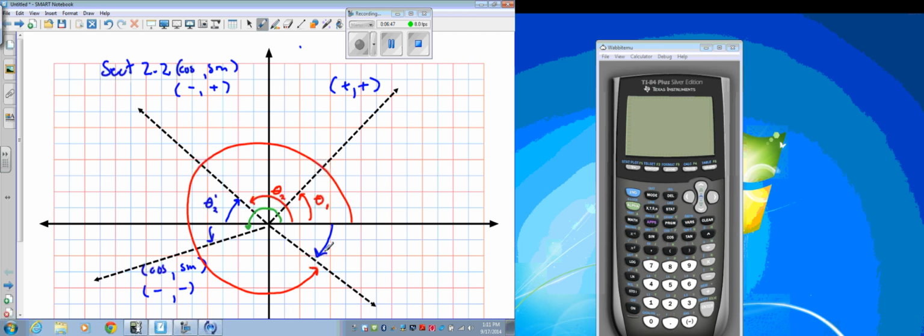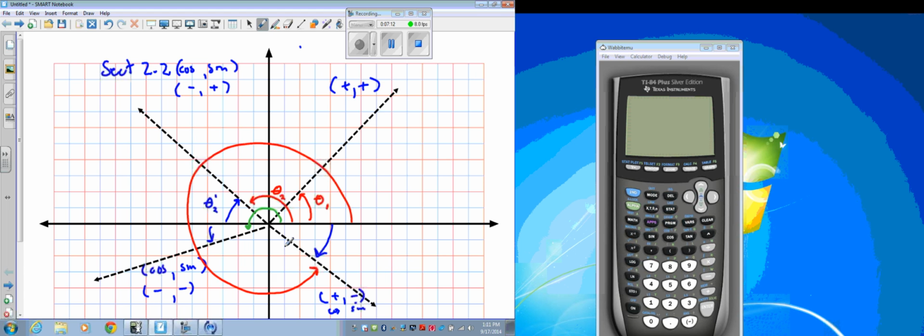And the signs: x is going to be positive, y is going to be negative, so our cosine is positive and our sine is negative in that quadrant. And do you see the reference angles are always going to be between 0 and 90 degrees?